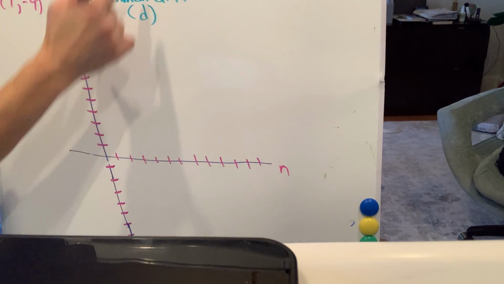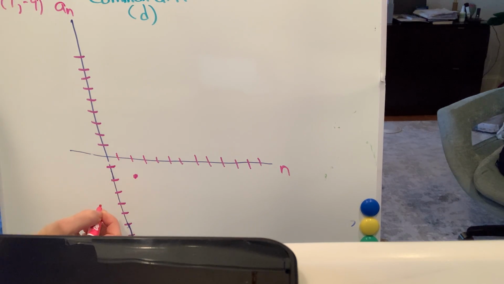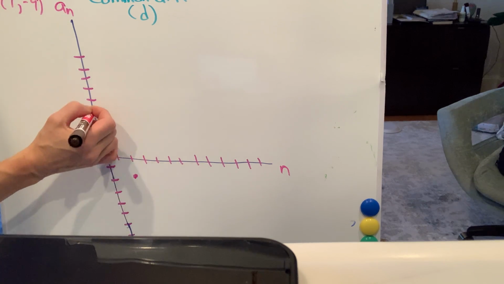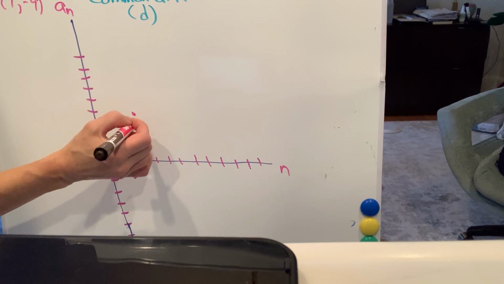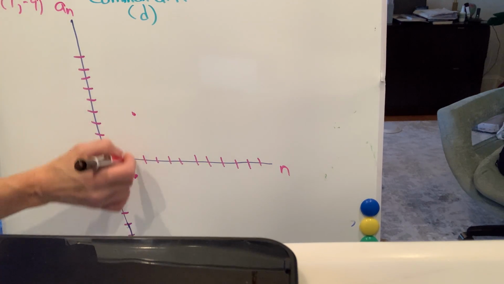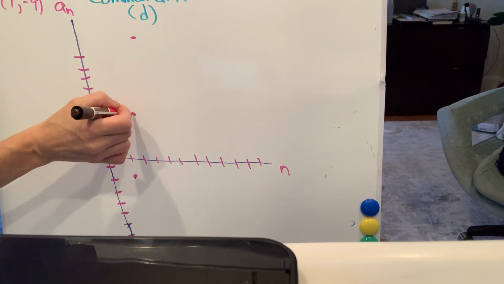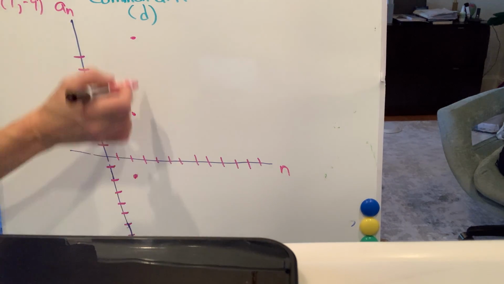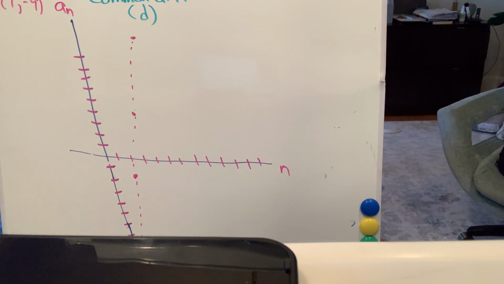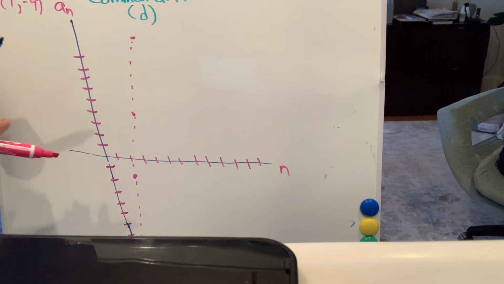Then I'm going to go over 2, down -2. Then I'm going to go over 3, up 5. Over 4, up 12. Well, that's going to be somewhere up here. So these points, if I had done my scale smaller here, you can see that these points are going to lie on a nice straight line.